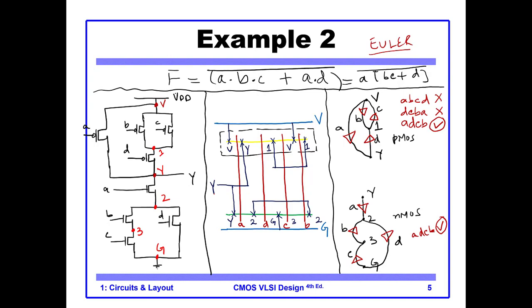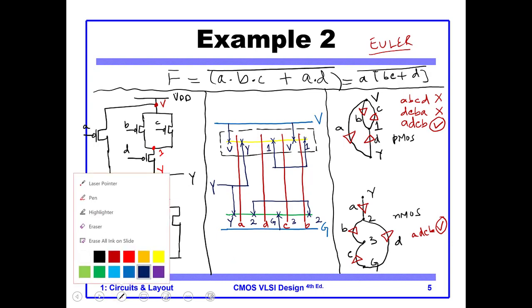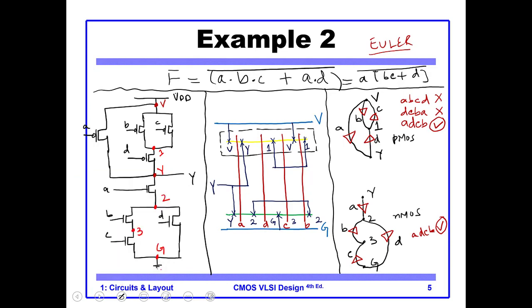Now the next thing we want to do is we want to estimate the area of this one. So let me use, for example, this color. Okay, for the horizontal one, I can do it with the Nmos and the Pmos. Which one should I select? The one with maximum number of terminals.